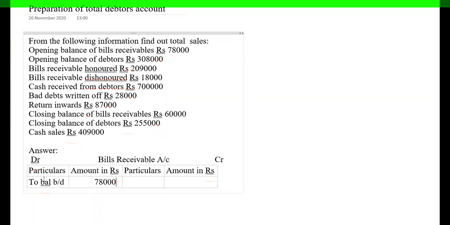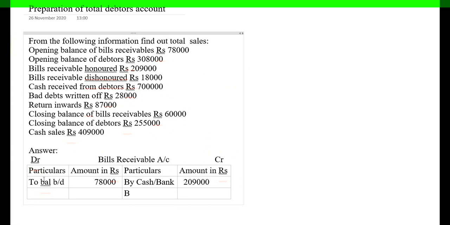Then when the bills are honored, the entry will be cash or bank account debit to bills receivable account. So by cash or bank, rupees 2,09,000.